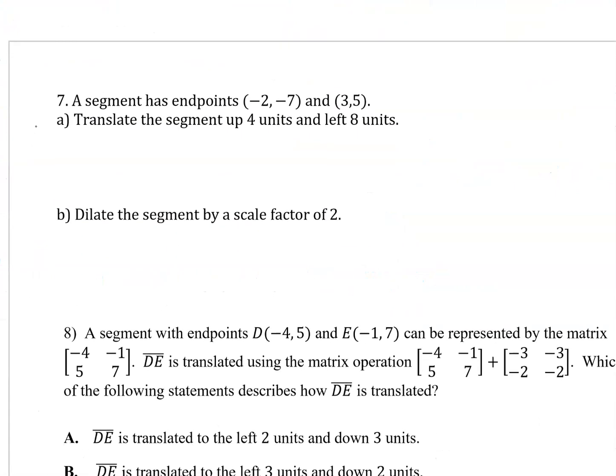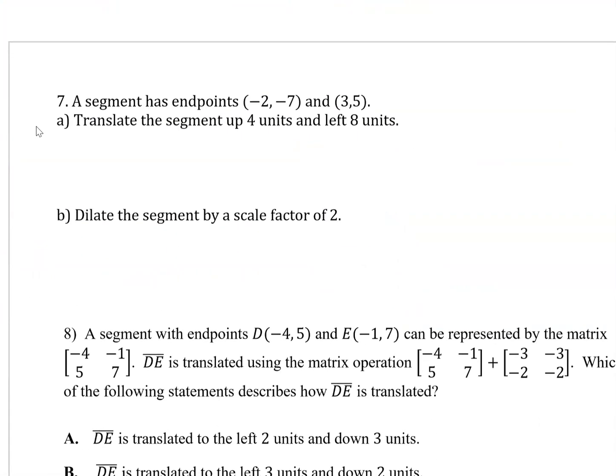Next, a line segment has endpoints negative 2, negative 7, and 3, 5. We're going to translate the segment up 4, left 8. Left and right are x, so x is on top. Left is negative, so it would be minus 8 on top. Translating the segment up 4 units, so y will be plus 4.